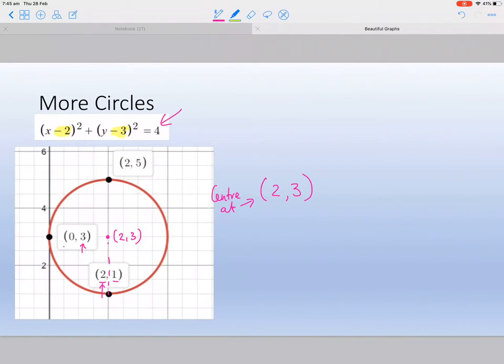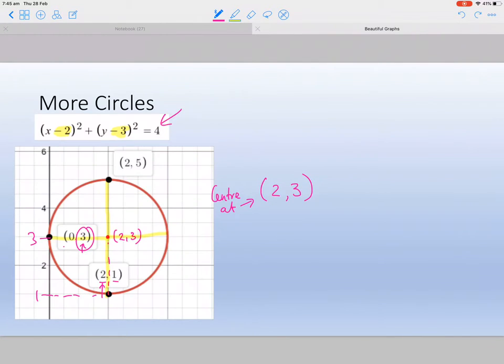So that means from here to here, and from here to here, it must be 2. And it actually is. If you imagine that goes down there, that'll be 1. This will be 3, which it tells us already. And the distance from there to there is 2. So it works.